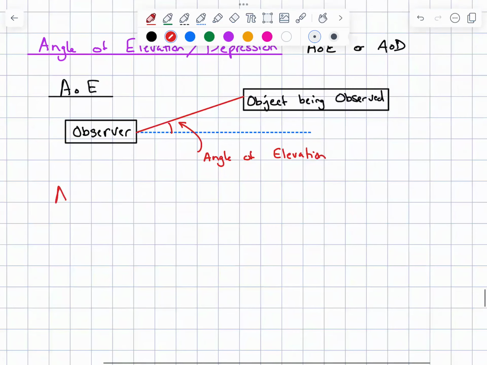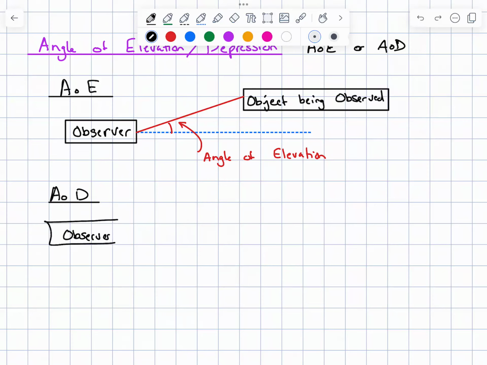In similar fashion, the angle of depression, the AOD, is still from the observer's perspective, just standing there, and we draw a straight dashed line out. That would be their field of view if they were just looking straight out ahead.